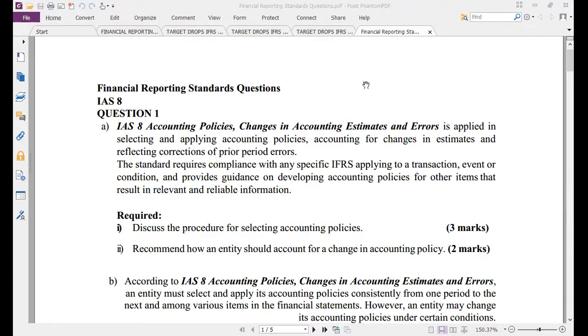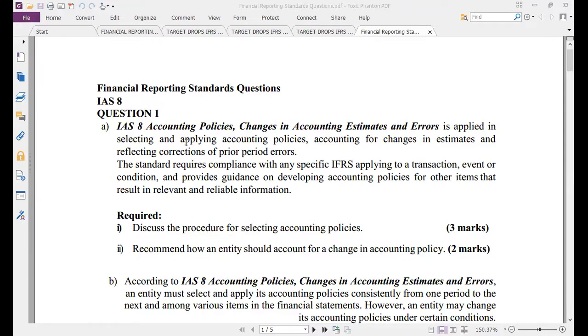So question one, required. Discuss the procedure for selecting accounting policy. Recommend how entities should account for a change in accounting policy. So how do you respond to this question? The question moves like this. IAS 8, accounting policies, changes in accounting estimates and errors, is applied in selecting and applying accounting policies, accounting for changes in estimates and reflecting correction of prior period errors.